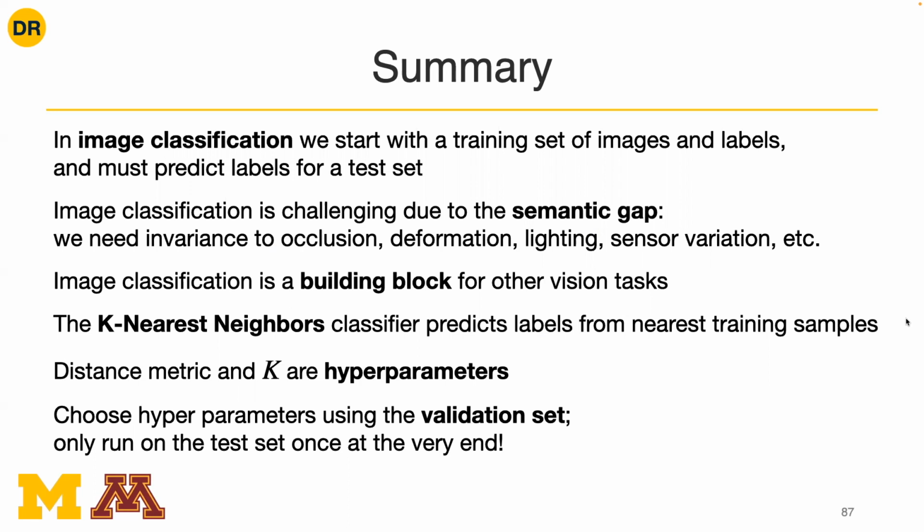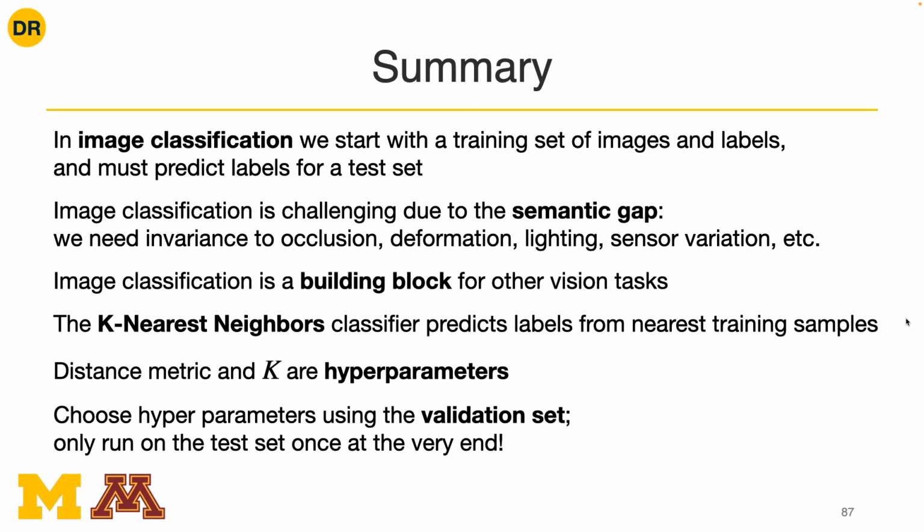In addition, we had issues of trying to produce models that were invariant to occlusions, to sensor variation, and to illumination, and that can be a real challenge to actually implement. Even though it's a challenge, it's a worthwhile one, because we have other tasks like detection and pose estimation that could really benefit from having a strong image classifier.